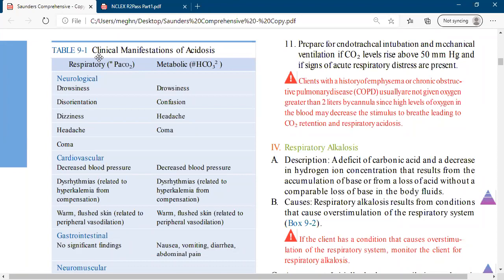And metabolic acidosis and alkalosis, metabolic, I said. What is metabolism? You already know. Metabolism is a chemical reaction that takes place in the liver. So a metabolic problem means maybe something related to the liver, but metabolism is not only the liver, it involves the liver and the GIT.